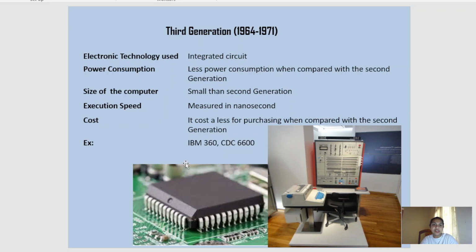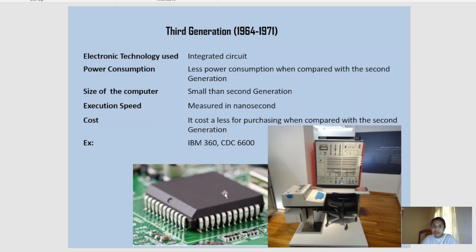The execution speed was measured in nanoseconds. It cost less to purchase when compared with the second generation. We can take IBM 360 and CDC 6600 as examples for the third generation. This is a third generation computer, and this is an integrated circuit.